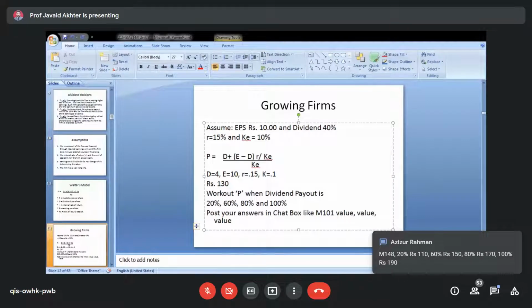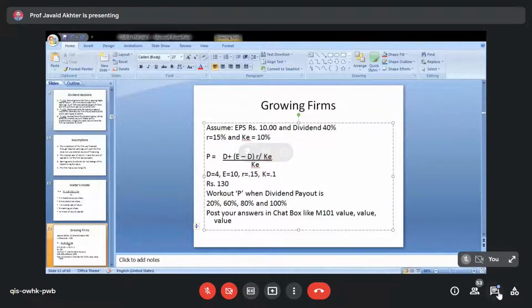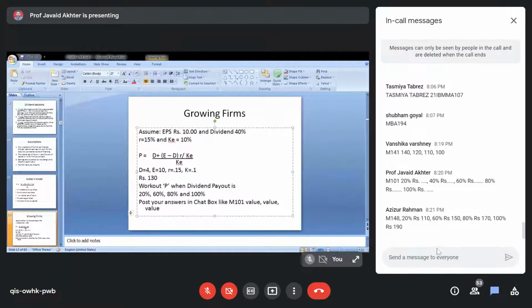Has somebody worked out at 20? Yes, Azizur Rahman. Okay, then hold on. I'll just delete what Aziz has. No, I think it cannot be deleted. Just post it to my personal number.